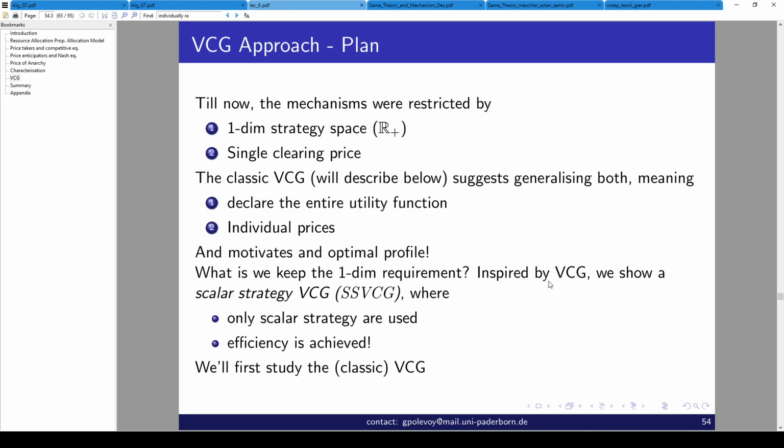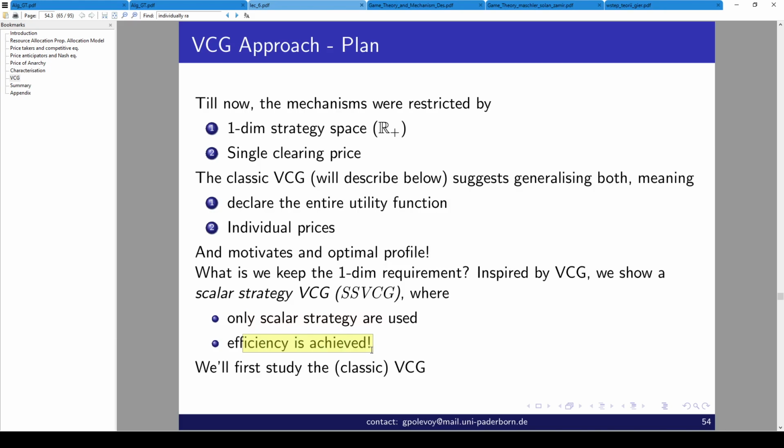But inspired by that, we also show that there is a scalar strategy VCG, where the entire utility function is not necessarily communicated, only a scalar strategy, and we still achieve efficiency, but then we indeed allow individual prices.